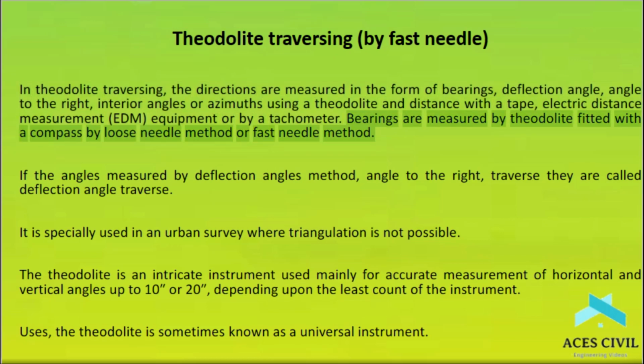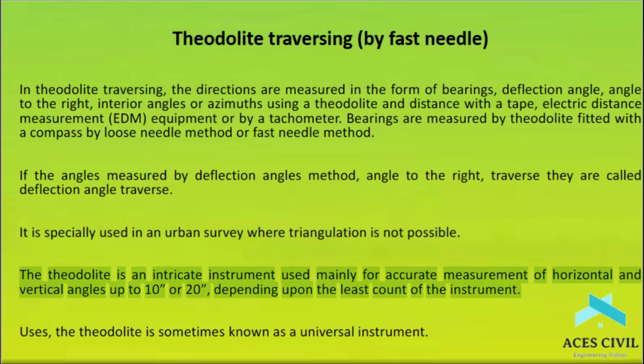Bearings are measured by theodolite fitted with a compass by loose needle method or fast needle method. If the angles are measured by the deflection angles method, the traverse is called a deflection angle traverse. It is specially used in an urban survey where triangulation is not possible.